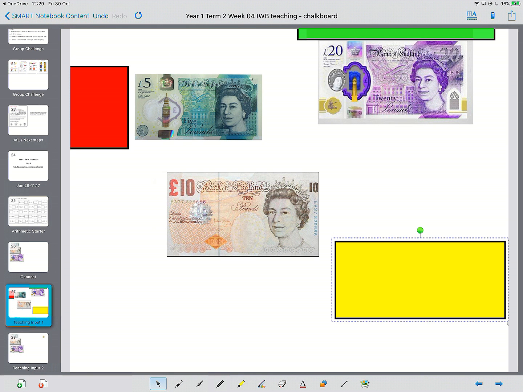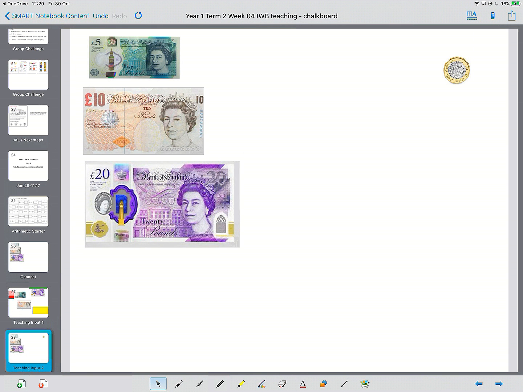Okay, so I want you to think about why we use notes. Now this would be brilliant if you've got sets of pound coins lying around your house to practice this, because we're going to put out the value of coins. And I want you to think about why would people generally, particularly for the 10 and 20 pounds, prefer to use notes rather than coins.